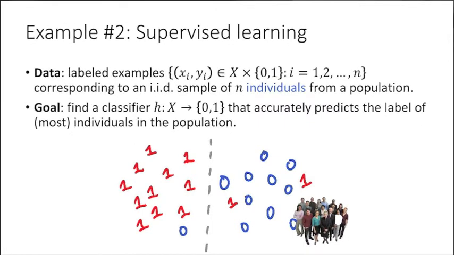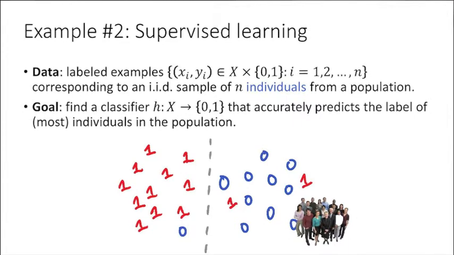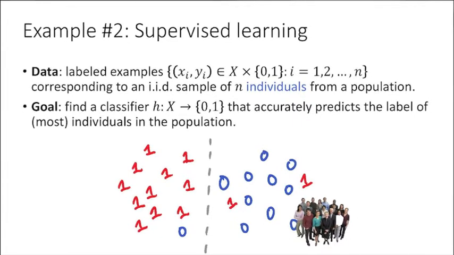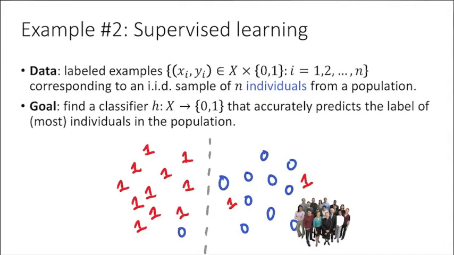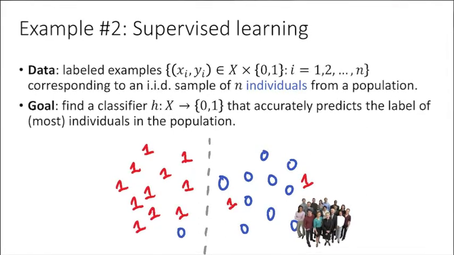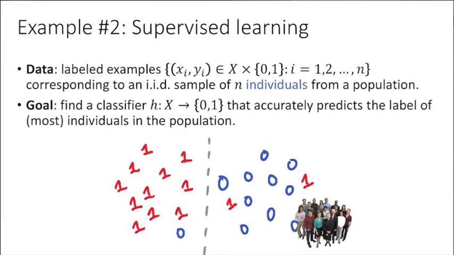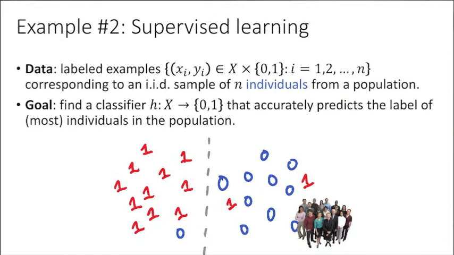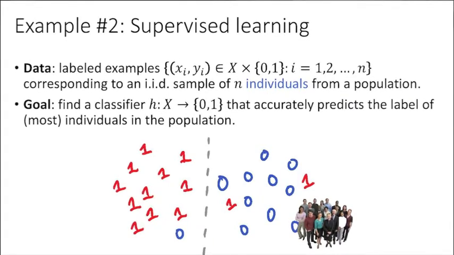The supervised learning problem is to find a classifier that, as accurately as possible, predicts the labels from just these feature vectors. And you would like it to be accurate on the population as a whole. But in a lot of these problems, the data that you get is actually a sample of the population, and you measure their features and their classification for these particular individuals.